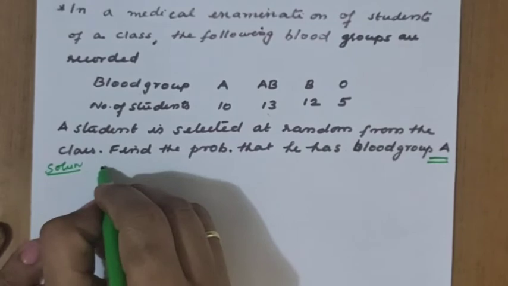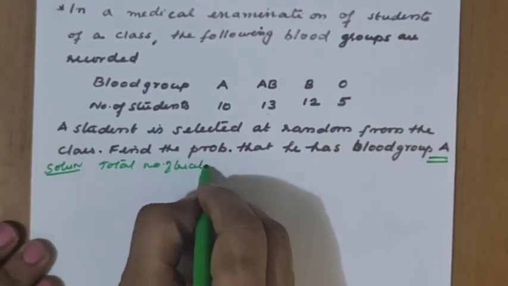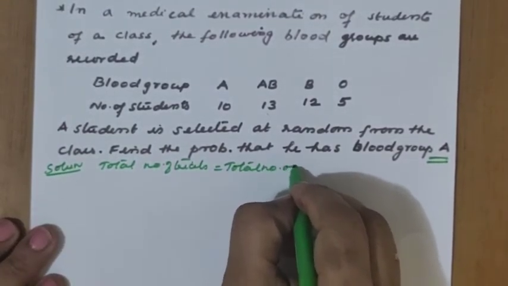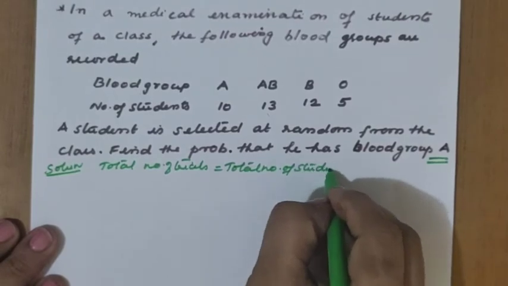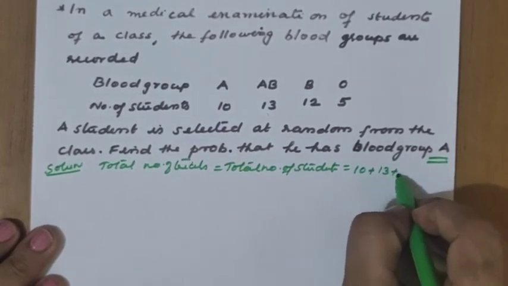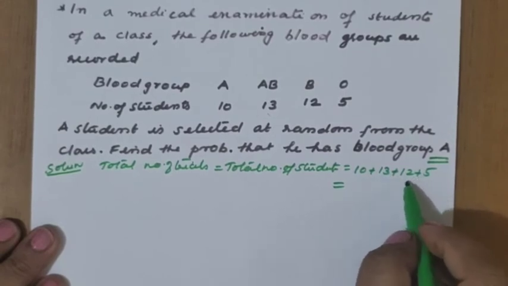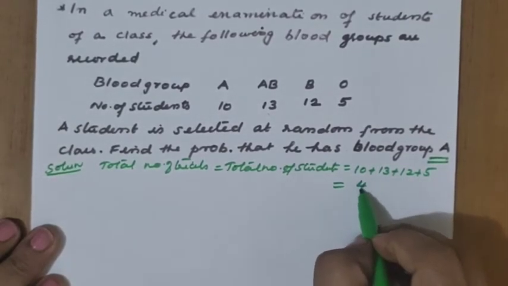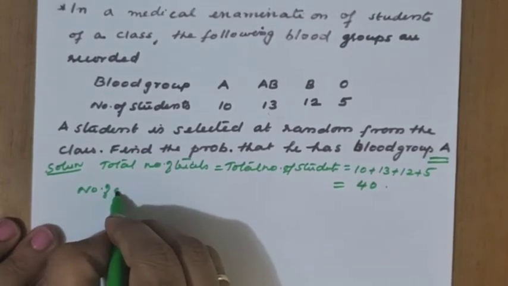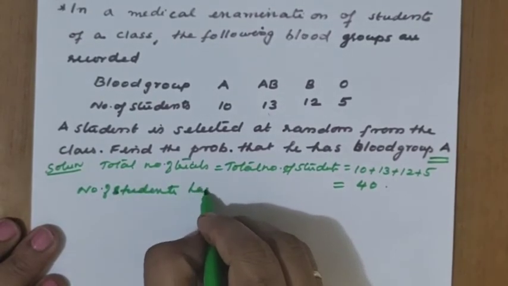So solution: total number of students, or total number of trials, equal to total number of students, equal to 10 plus 13 plus 12 plus 5. Then 13 plus 12 is 25, plus 5 is 30, plus 10 is 40. Number of students having blood group A is 10.